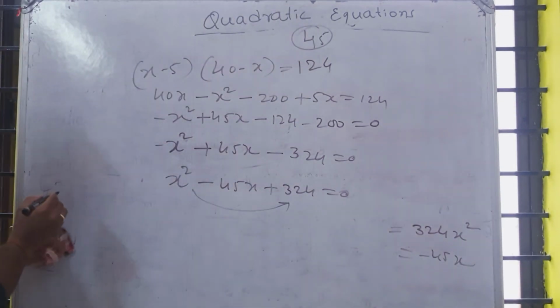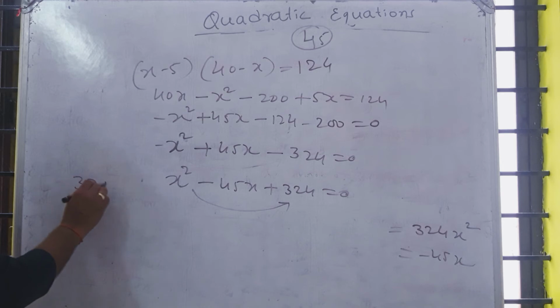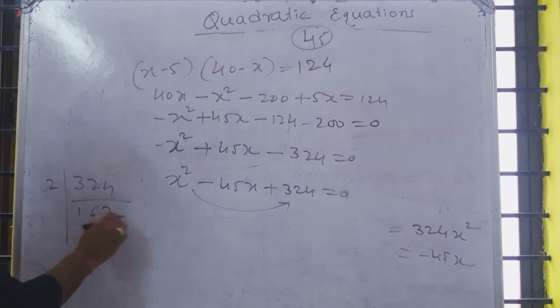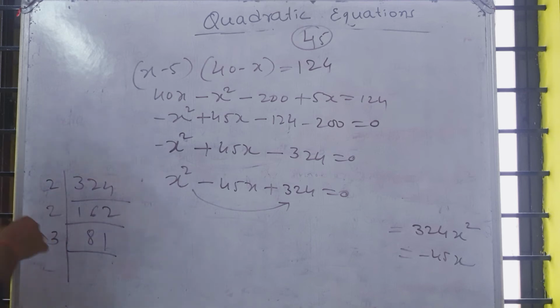Now we can perform this. 324: 2 2s are 4, 2 6s are 12, 2 2s are 4... directly you can take 9 or 3, better go by the least numbers. 3 2s are 6, 3 9s are 27, 3 3s are 9.